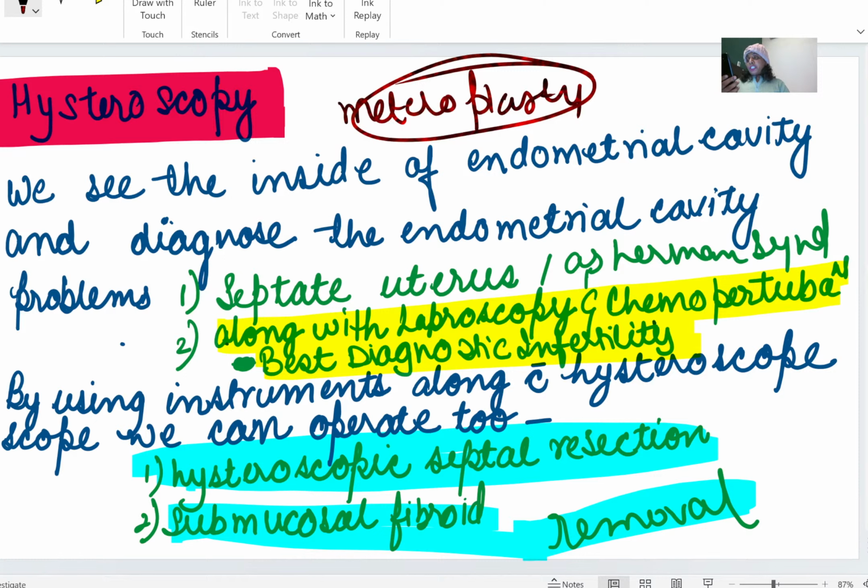What are the operations we do? For the septate uterus, we will never do metroplasty. Metroplasty means handling the myometrium. Myometrium is perfectly normal in the septate uterus. So the procedure of choice is, write down in the chat box, hysteroscopic septal resection. We can remove a submucosal fibroid.